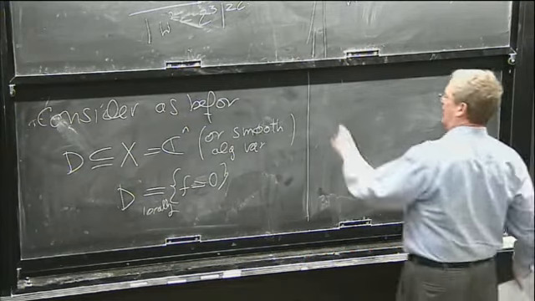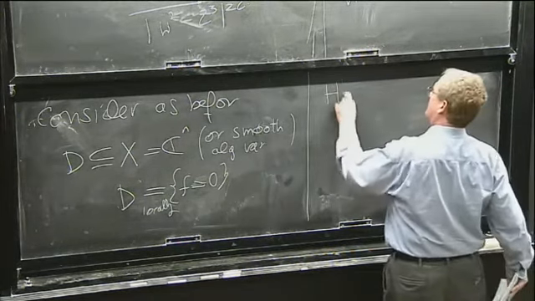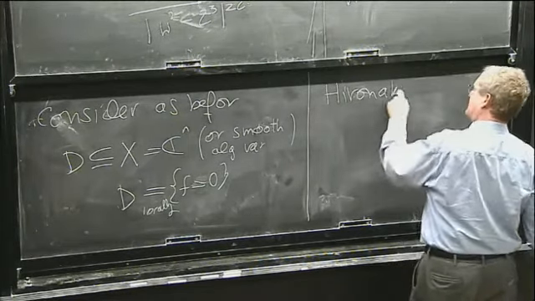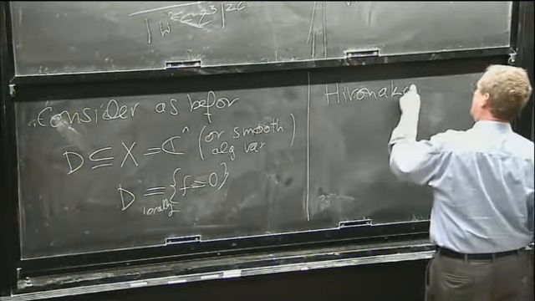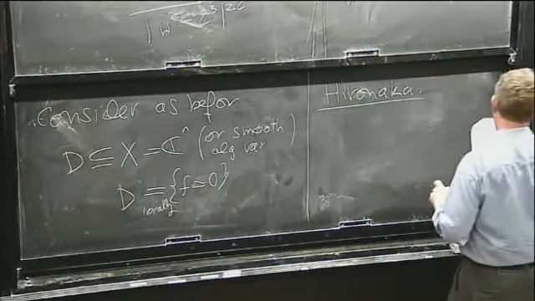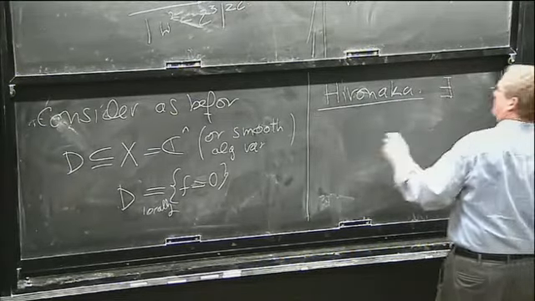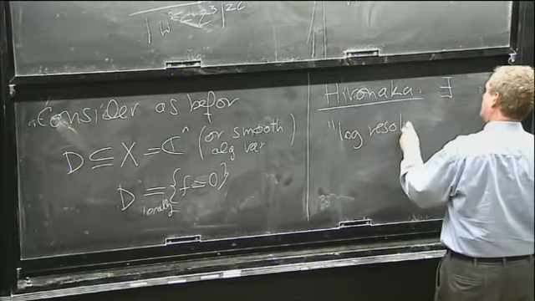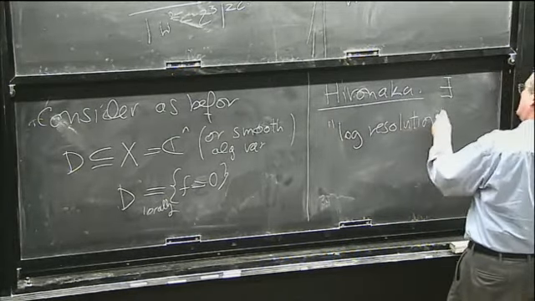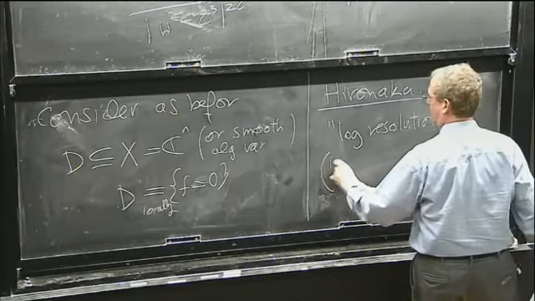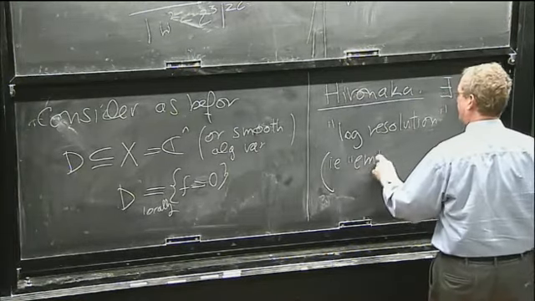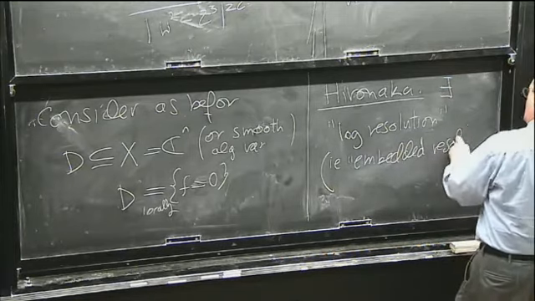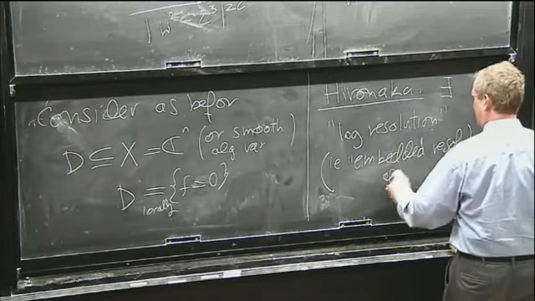So one way of saying this: Hironaka's theorem on resolution of singularities says that there exists what the buzzword calls a log resolution, but is more classically called an embedded resolution of any hypersurface. So what does that mean?